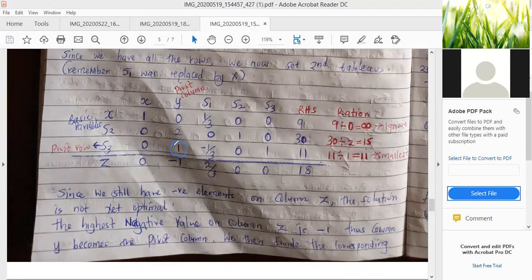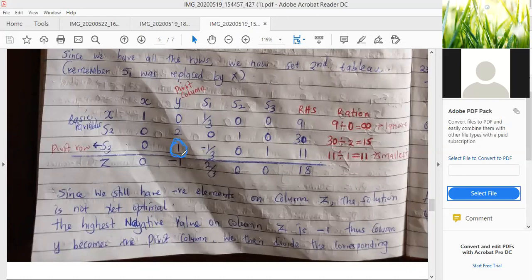So my 1 here, at the intersection between column Y, my pivot column, and row S3, my pivot row, this is my pivot element.